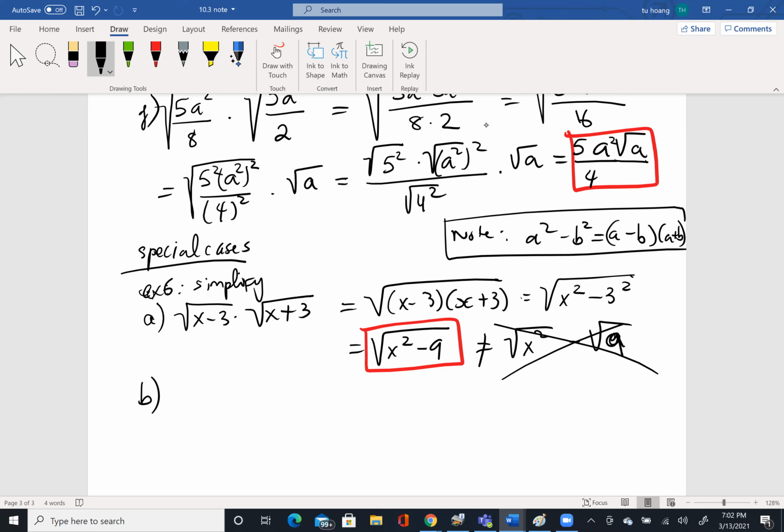And B, let's have the cube root of x squared plus 3x plus 2, divided by the cube root of x plus 1.